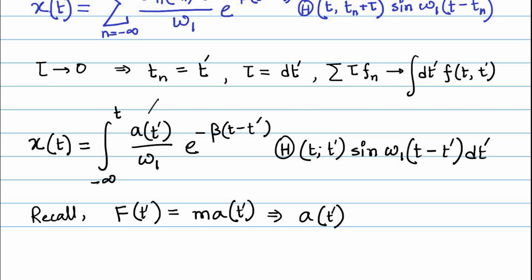So this a is basically the acceleration. If you're a bit confused about it, go back to the original differential equation. So let me try to remind you. x double dot plus 2β x dot plus ω0 squared x was equal to a times θ, or a times the impulse function.